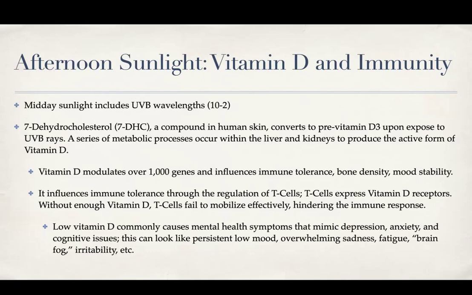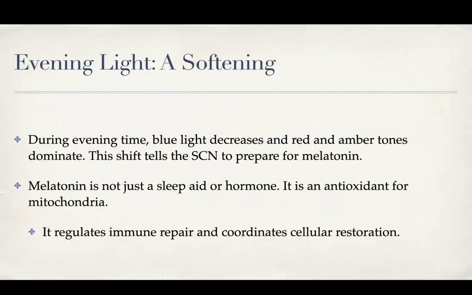to various day-to-day things. When we get to that evening sunlight, you're going to notice a shift in blue light. And you may not actually notice it because really the light we see is 0%. So again, these are wavelengths, these are frequencies. That blue light's going to decrease. We're going to have an increase in red and amber tones.